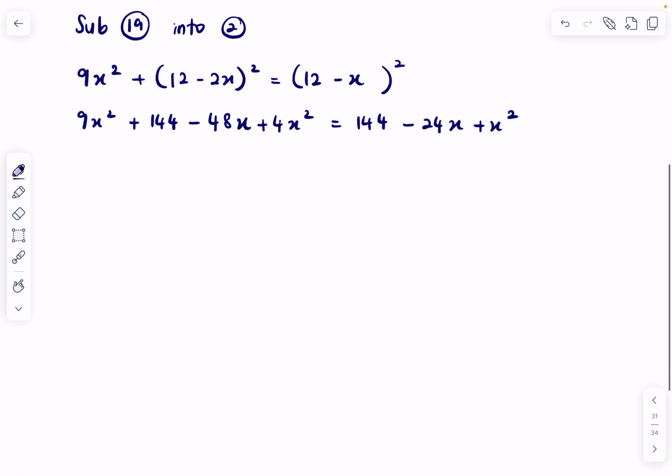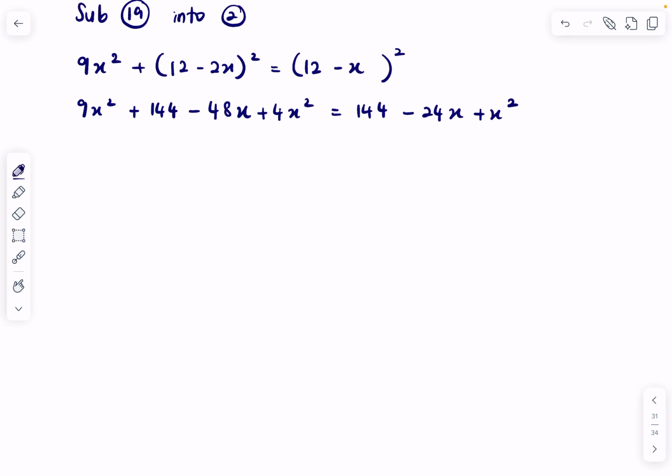Alright, now we have to simplify this. 9x square plus 4x square is 13x square. This x square we bring there becomes minus, so 13x square minus x square is 12x square.